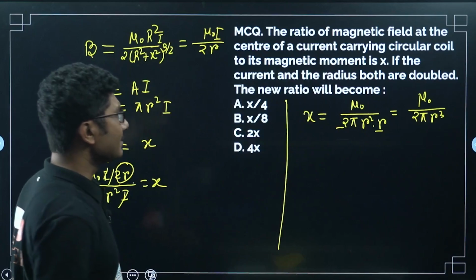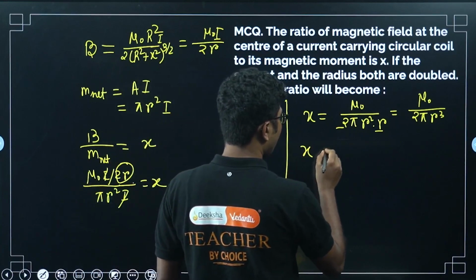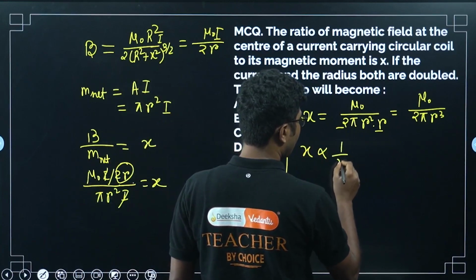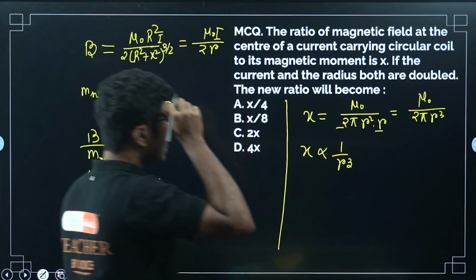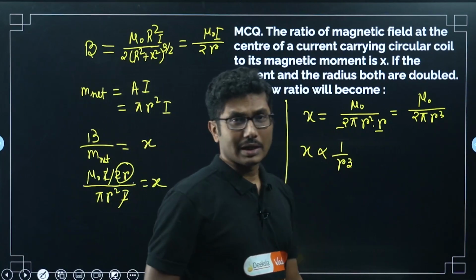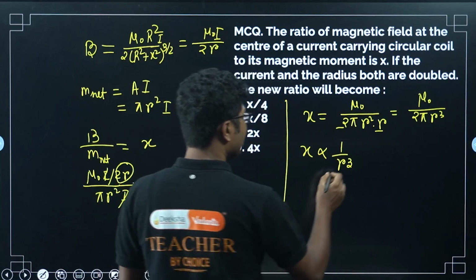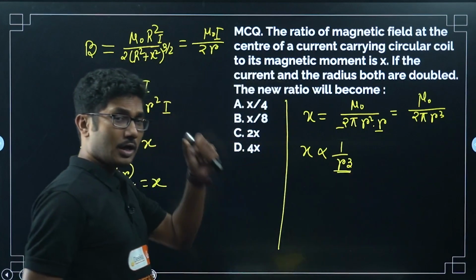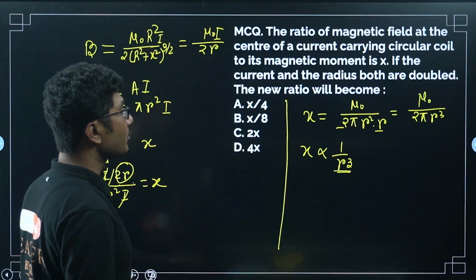Now x is basically proportional to 1 by r cube, right? Now if the radius and current both are doubled, it does not depend on current at all. It depends only on the radius, inversely proportional to the cube of the radius.